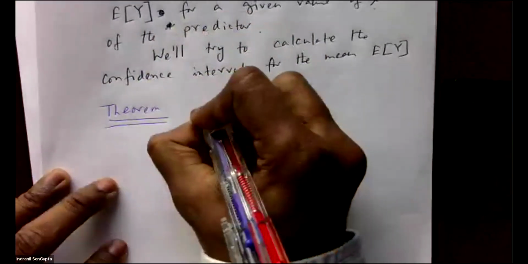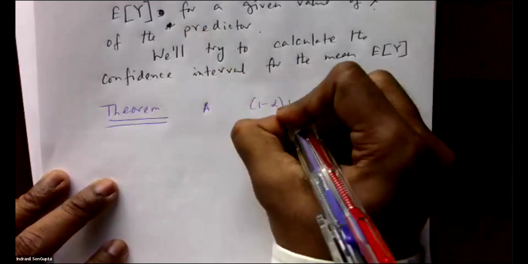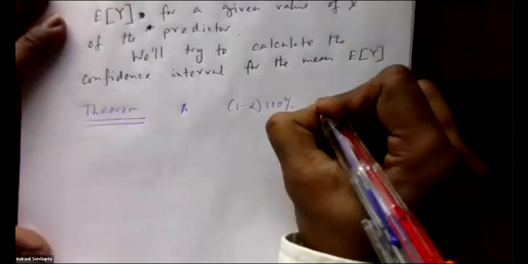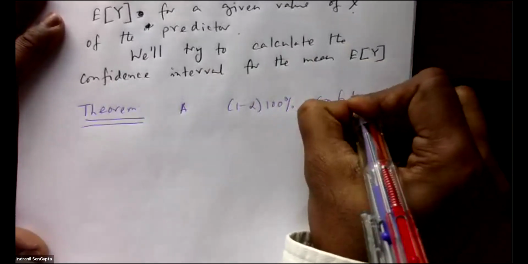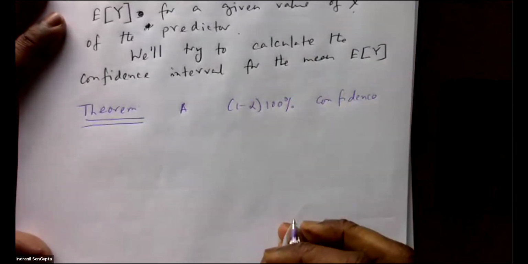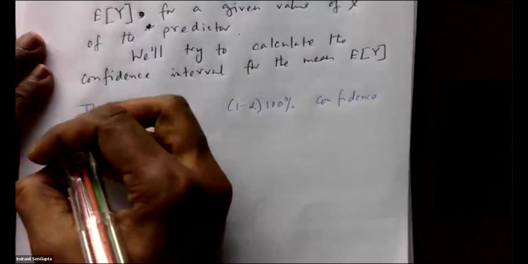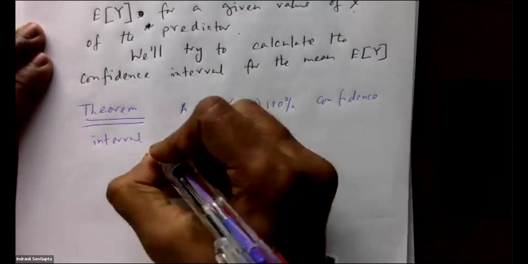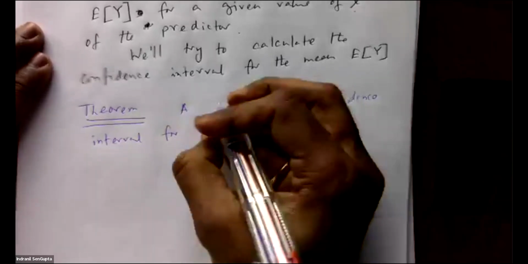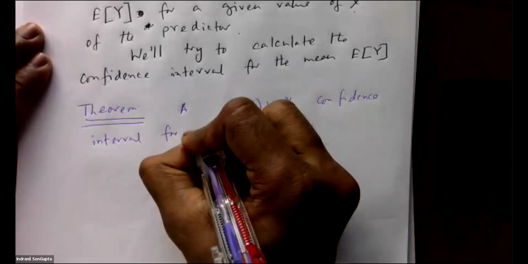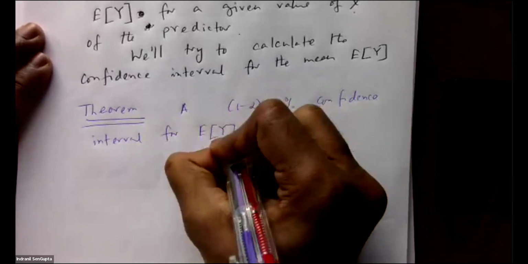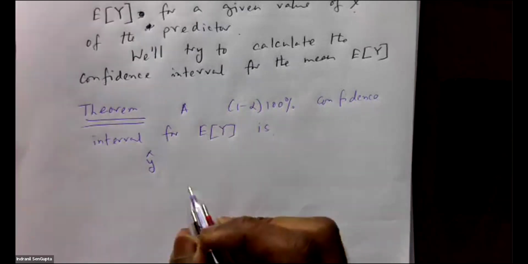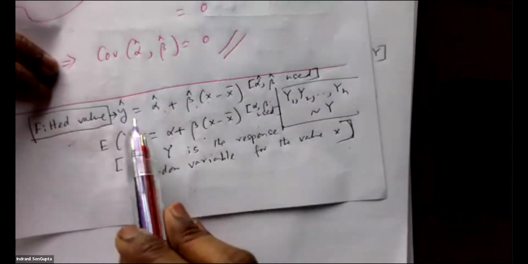It goes like this. The 1 minus alpha 100% confidence interval for E of y is given by y hat. This is the fitted value I wrote. This is something we know.